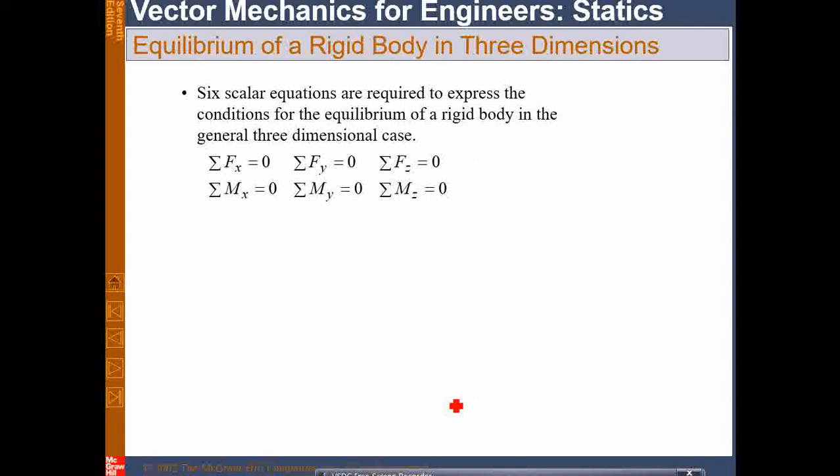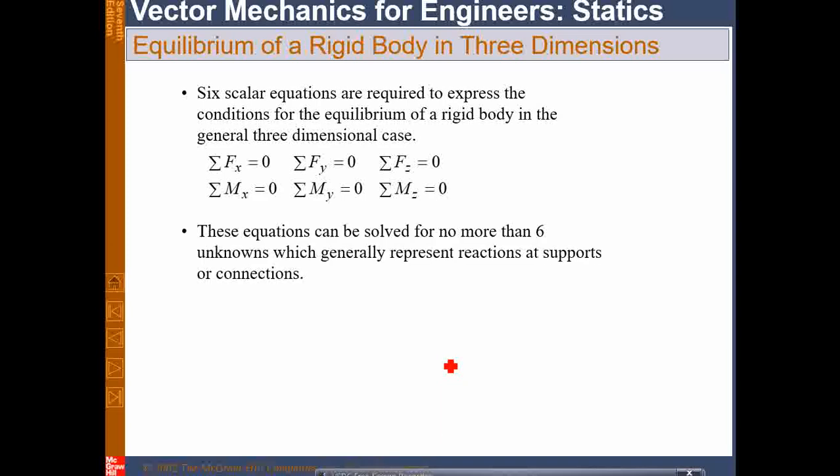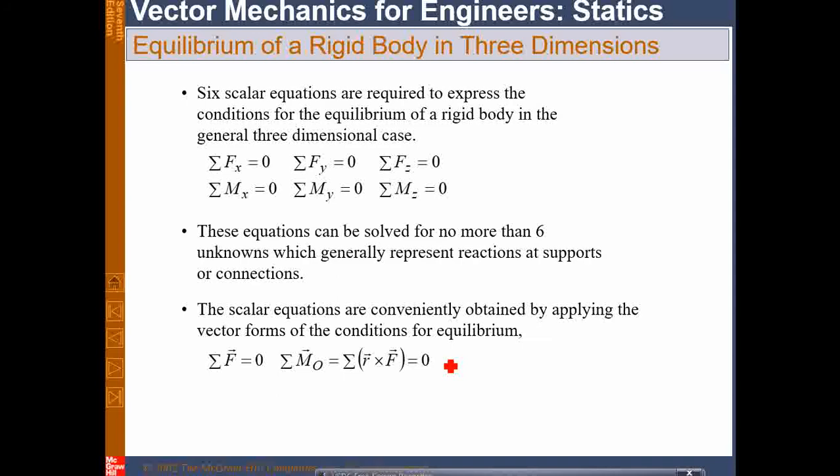So now you have a total of 6 scalar equations, so you can get 6 unknowns from here. This is the condition for equilibrium of a rigid body for a 3 dimensional case, and these equations can be solved for a maximum of 6 unknowns at the reaction supports or at the components.